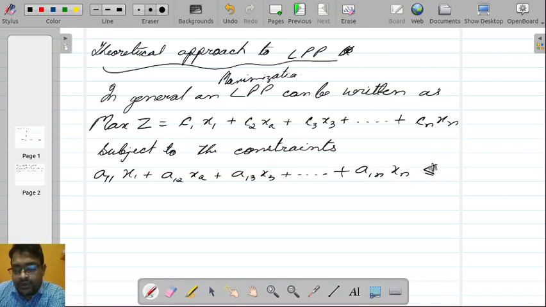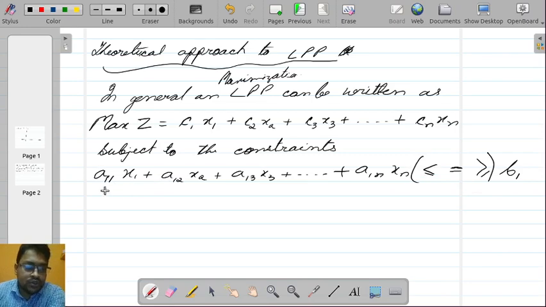This is less than or equal to, or it might be equal to, or it might be greater than or equal to, some number b1. We have seen several constraints where the sign is less than or equal to, some where the sign is greater than or equal to, and also constraints where the sign is exactly equal to. So in the general setup, the sign can be anything.